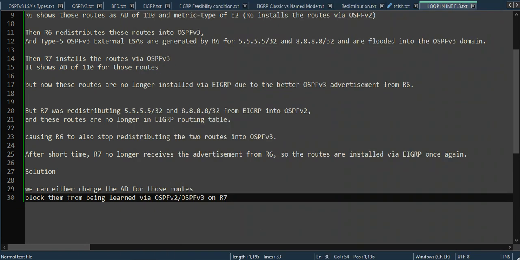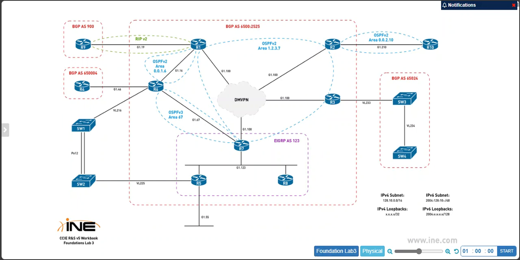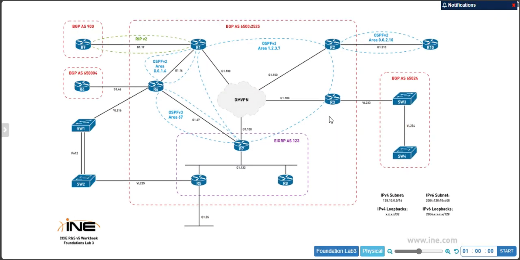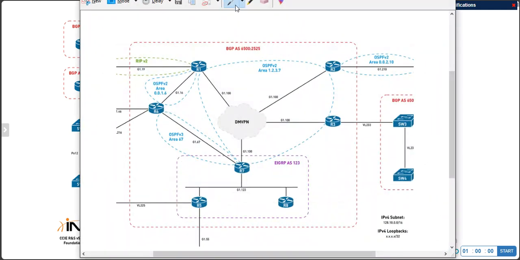On R7 I've created the prefix list and denied 555 and 888. I've denied this route.